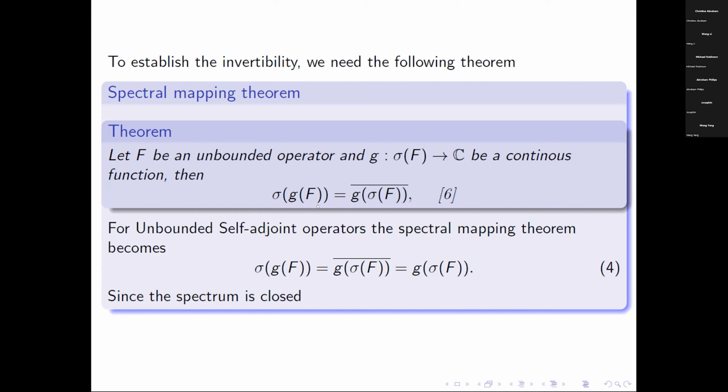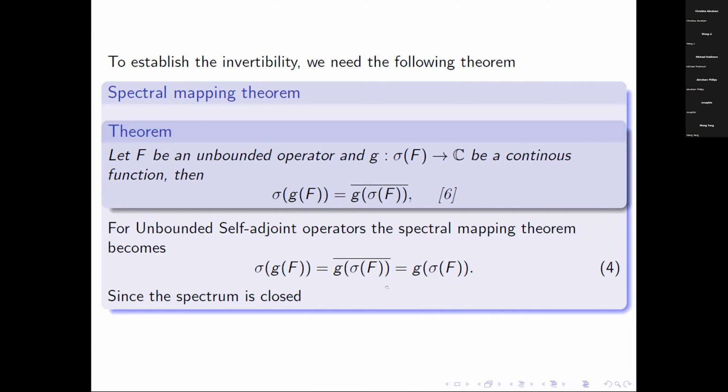And unbounded self-adjoint operators are closed. Why? Because the operator is equal to its adjoint, and an adjoint operator is always closed. Therefore, self-adjoint operators are closed. Closed operators have closed spectrum.